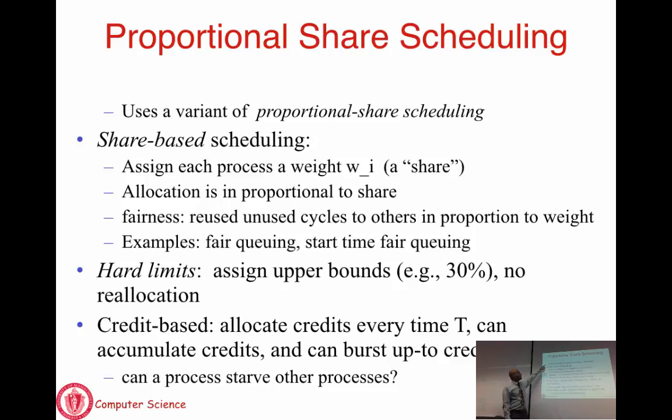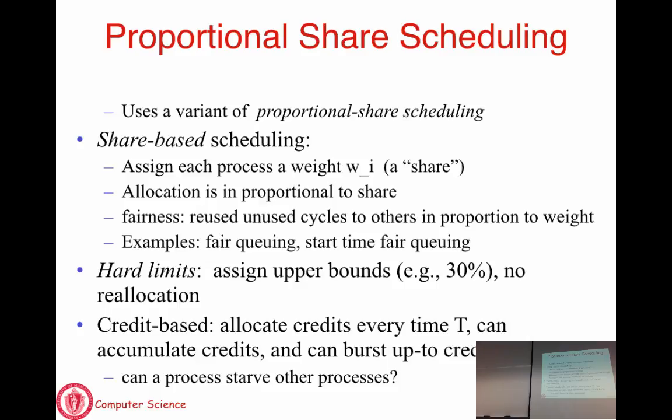A class of them is referred to as proportional share scheduling. This is widely used in many different virtualization scenarios, so I'm going to introduce in one slide what this is. What is proportional share scheduling? Essentially, you allocate a share of a resource to a process, or to a group of processes, and the scheduler ensures that it gets that share.